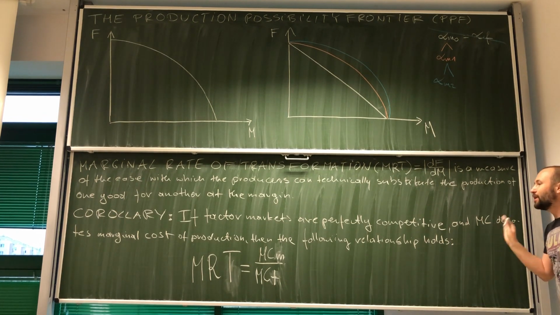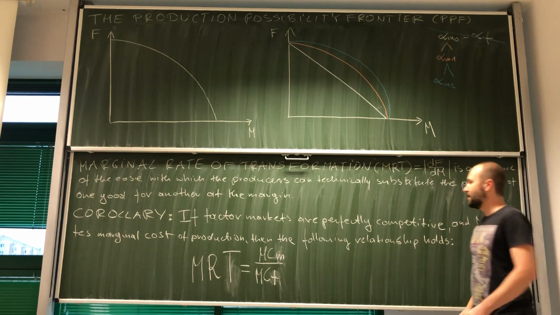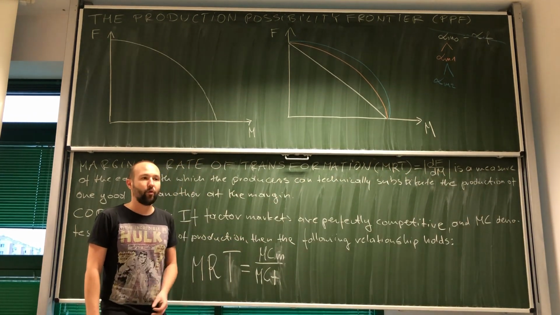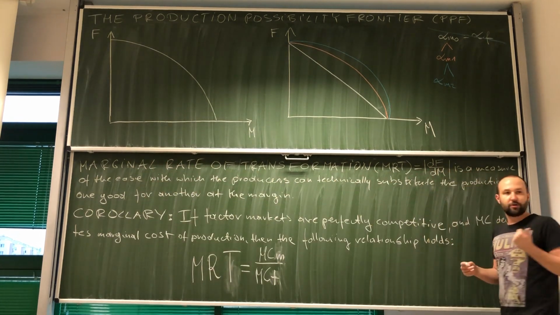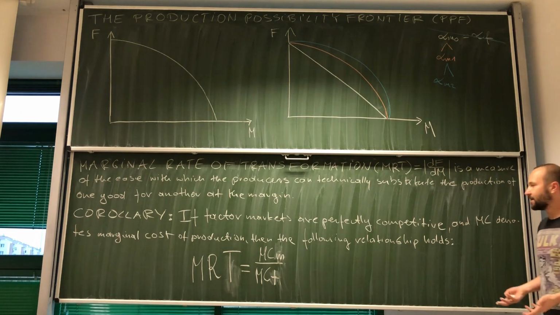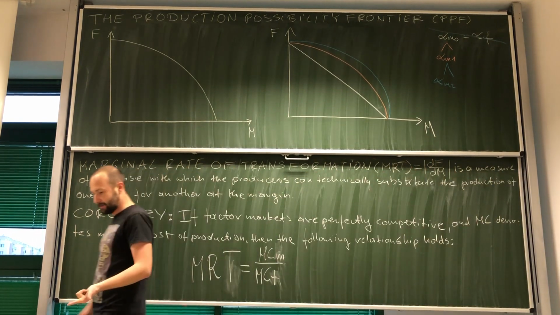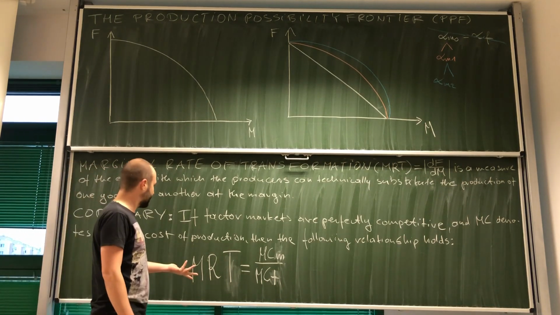Okay, and again, we can bring here a lot of similarities with marginal rate of substitution. Look, if factor markets are perfectly competitive, what does it mean? It means that the producers are taking prices of factors of production, so wage and rent, as a given, right?